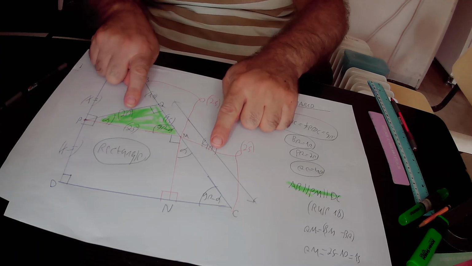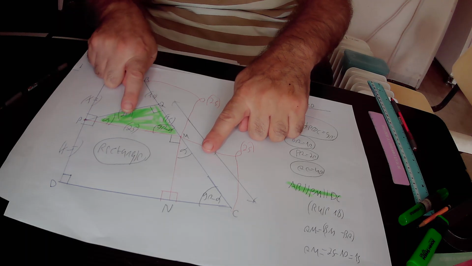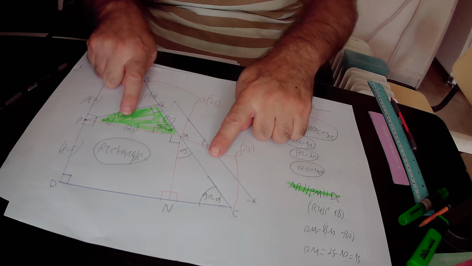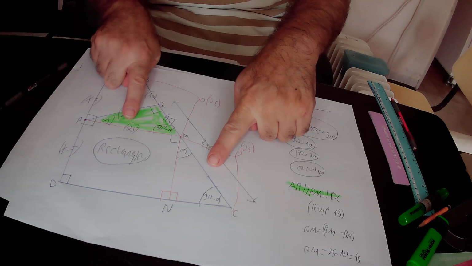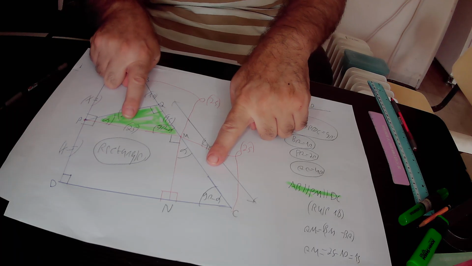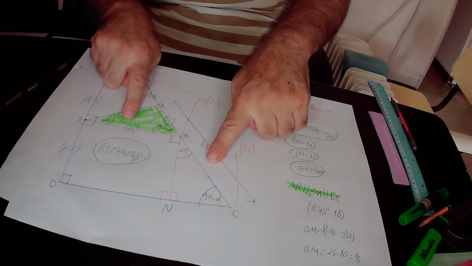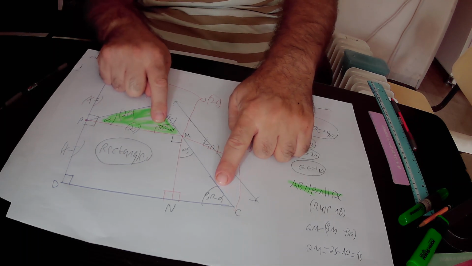In addition, those two sides, the hypotenuses of those two triangles, are both equal to 25 units in their lengths, and therefore they are equal to each other. And finally, those two angles are both equal to 90 degrees minus alpha, and therefore they are equal to each other.